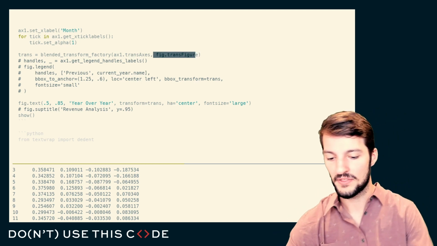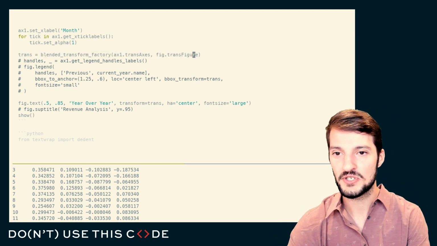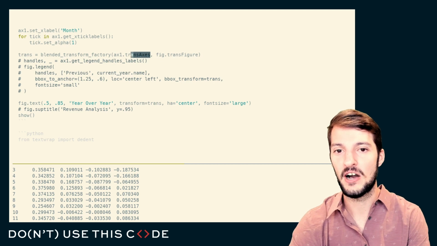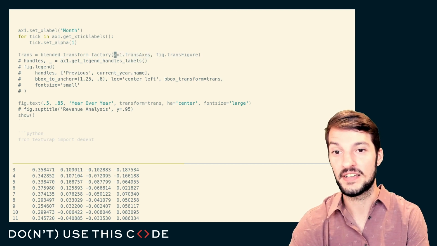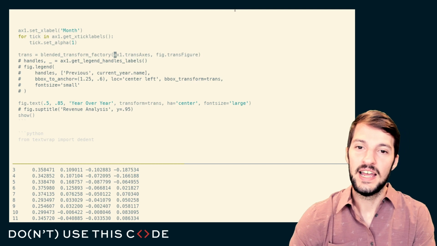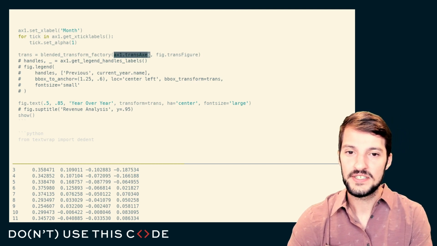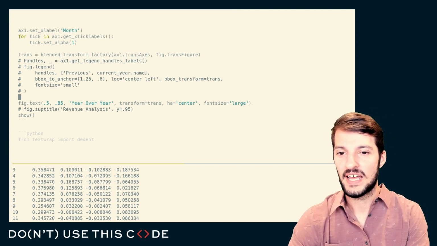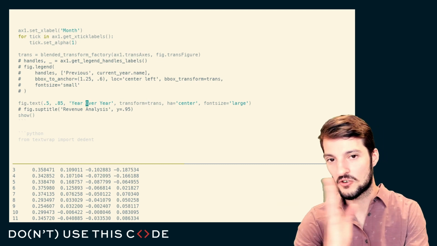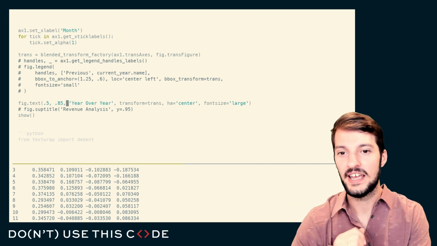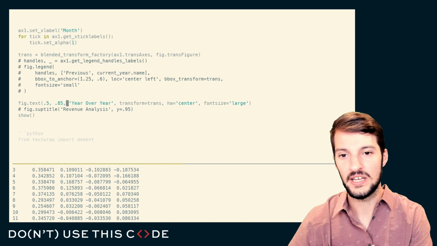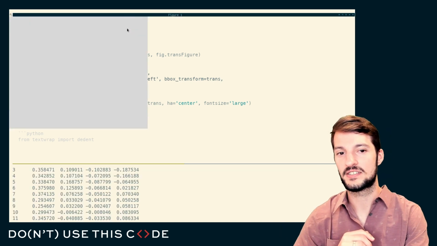And what's great about this is I can capture the axes coordinates of my final axes because I iterated over them. And I can actually use this coordinate system to specify at 0.5, so halfway across my axes, and then 85% the way up my figure, I want to put a title.